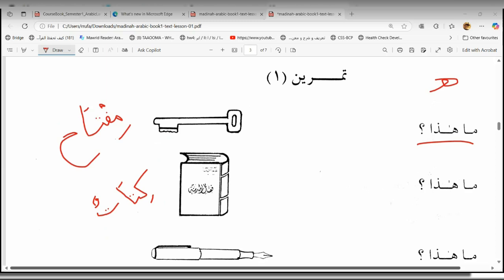Try to make the ta longer. Kitab. Okay. This is a book. Very good. Next one is Saif. So the word for pen is qalam. So how would you answer? This is a qalam. Very good.